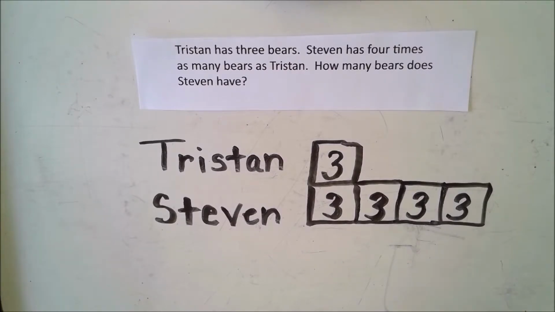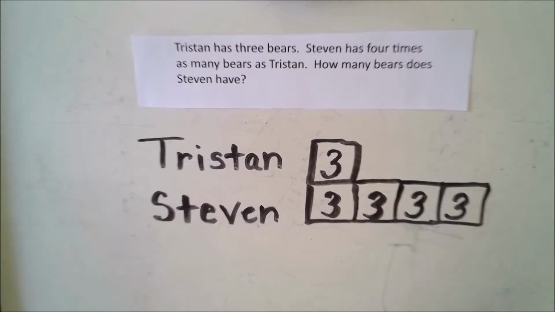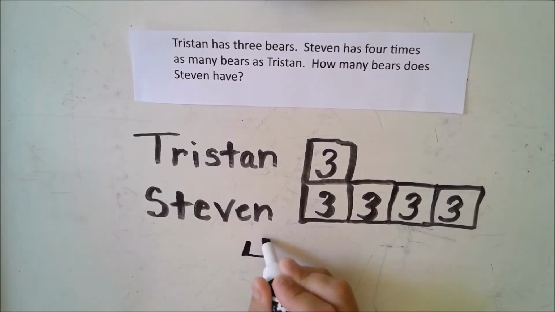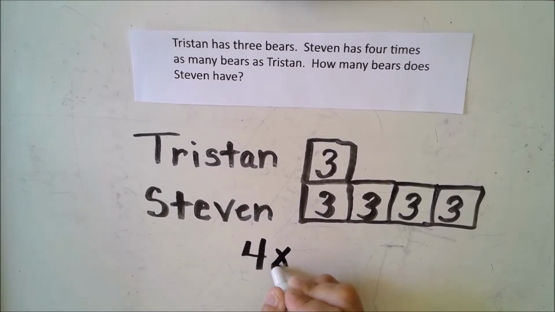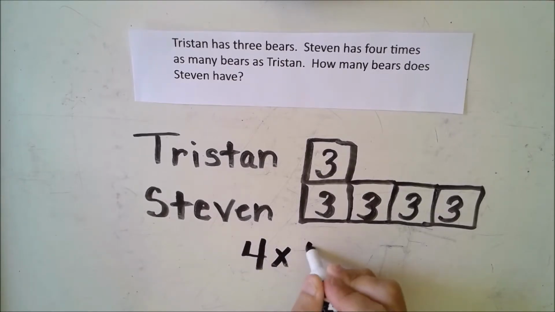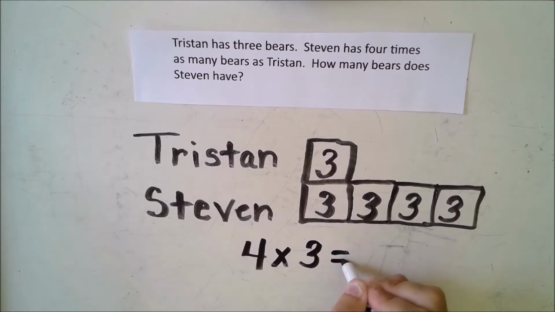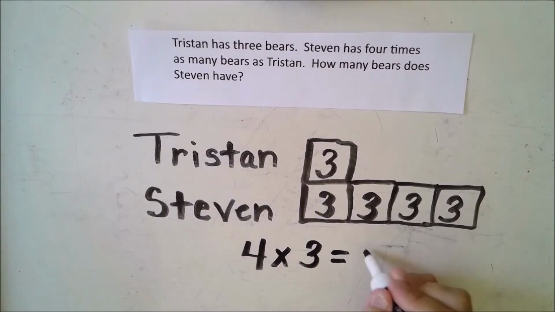Since we don't know how many bears Stephen has, we can use a variable to represent his amount. 4 times 3, and I'm just going to use an S to represent Stephen.